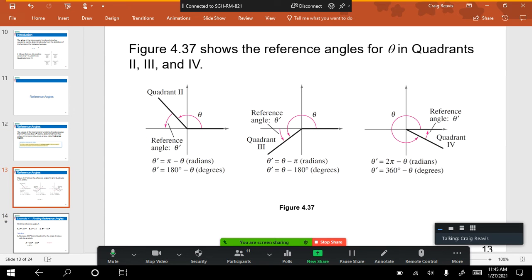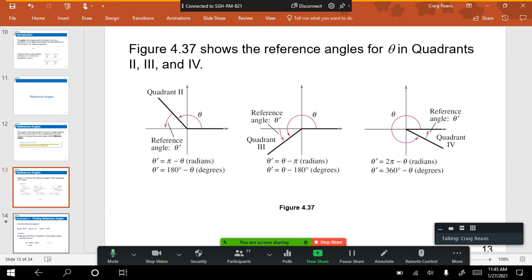All right, so here's the rules. You're going to have a rule for quadrant 2, a rule for quadrant 3, and a rule for quadrant 4. Quadrant 1, you don't need reference angles because those are the reference angles. So if your angle ends up in quadrant 2, which means it's between 90 and 180 degrees, to find the reference angle, you take 180 degrees minus theta.